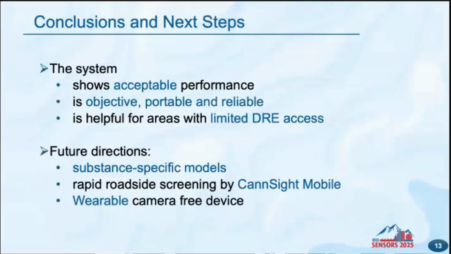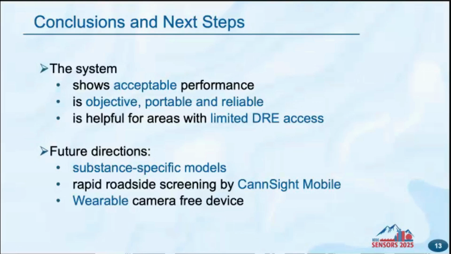So to conclude, our proposed system shows acceptable performance and is objective, not subjective. So we solve our first question, and it could be portable. We can use it in all stations. It's reliable, and it's helpful for areas with less DRE access. The scope of future work would be having more datasets, as usual.